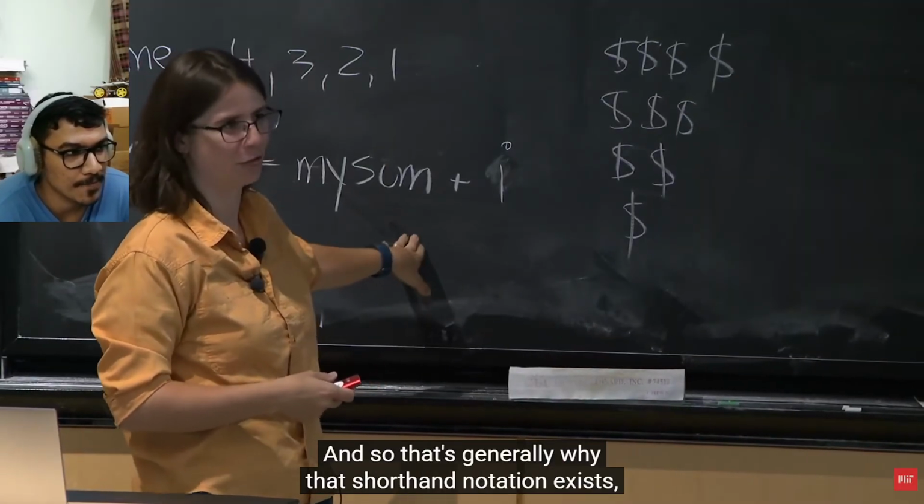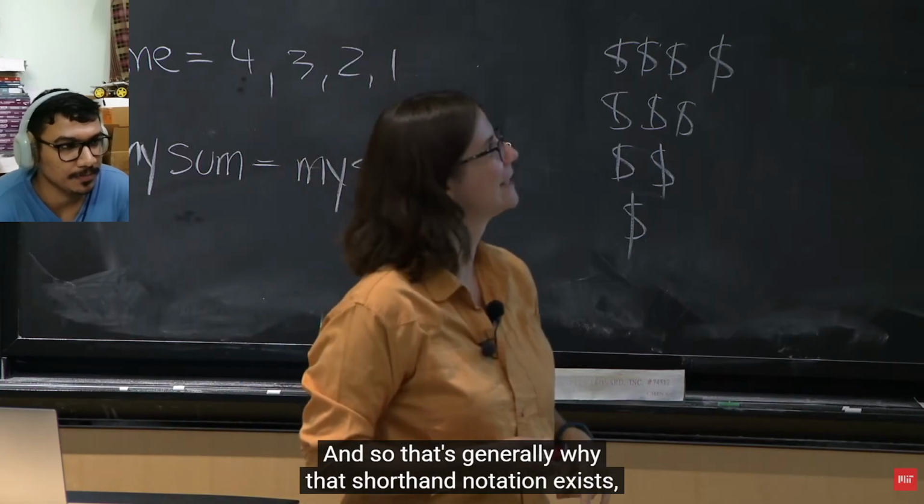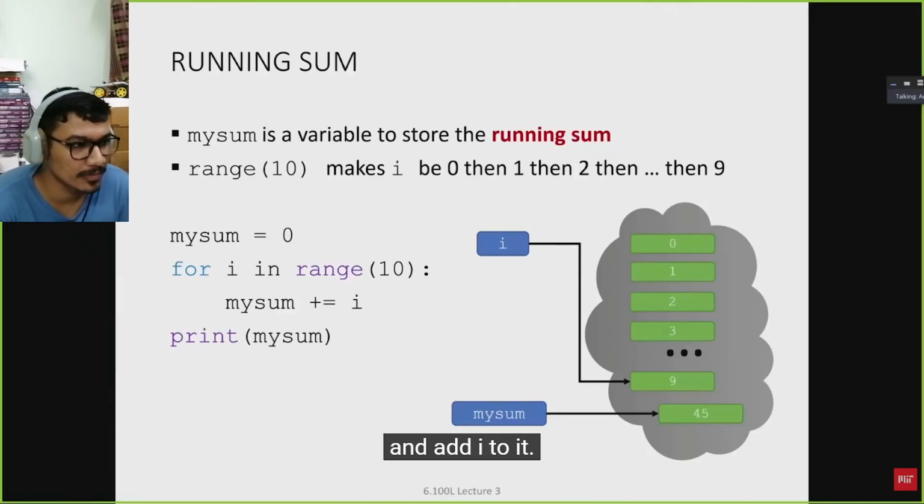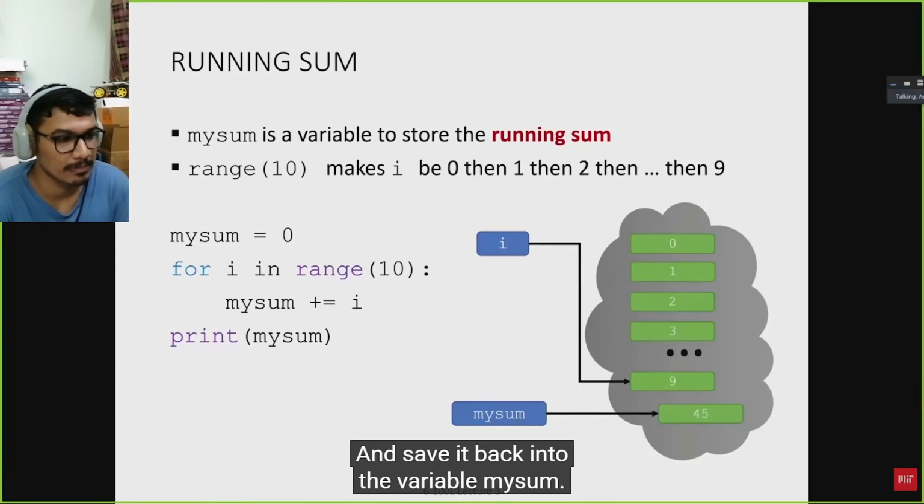That's generally why that shorthand notation exists. But it basically means take whatever my sum is and add I to it, and save it back into the variable my sum.